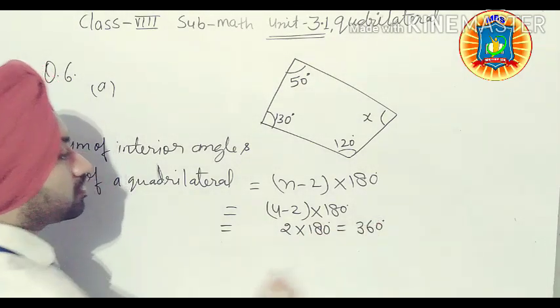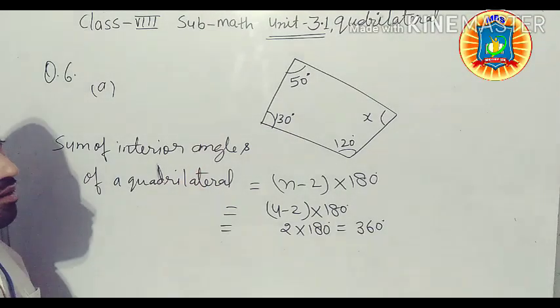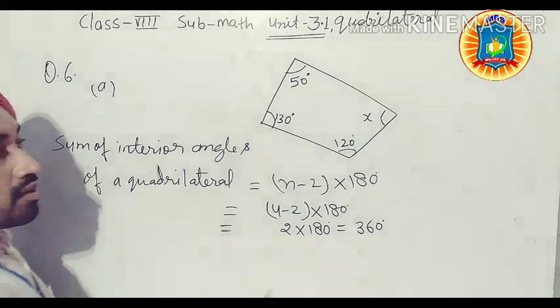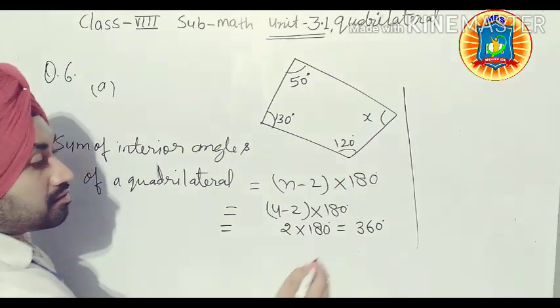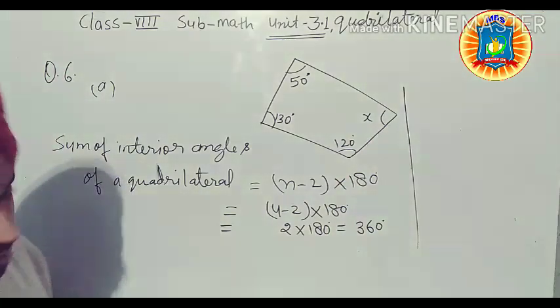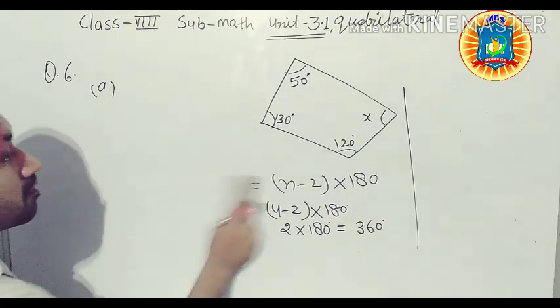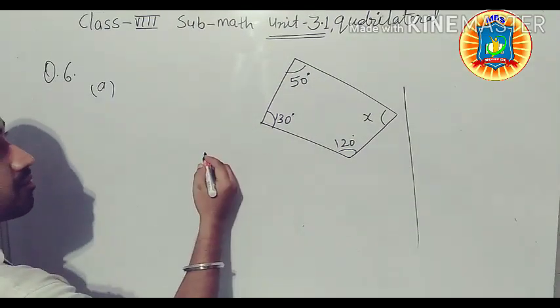So it is the sum of angles of a quadrilateral, and we want to find the value of x. So we add all the angles here.